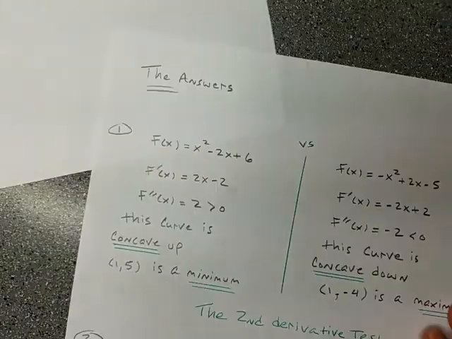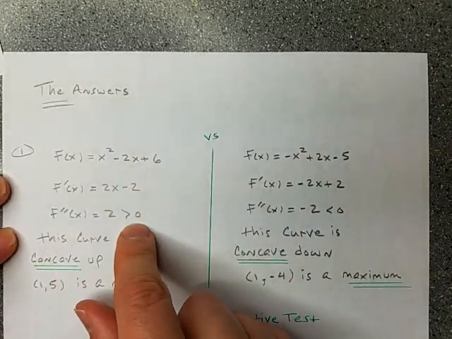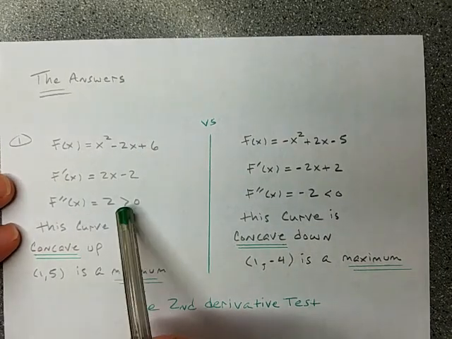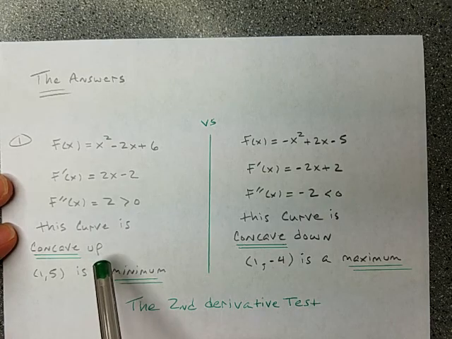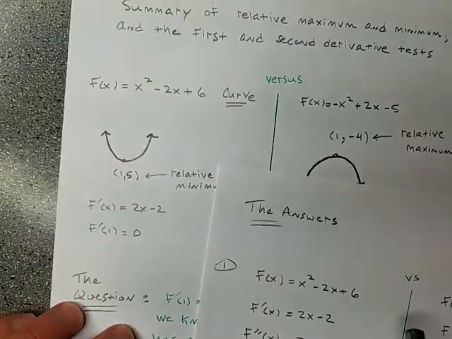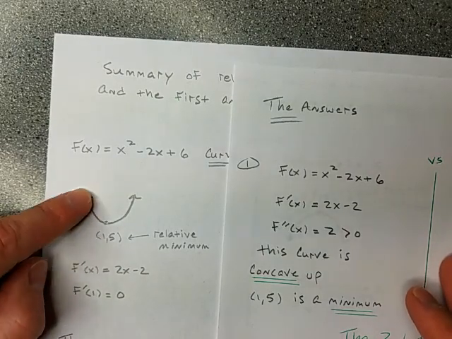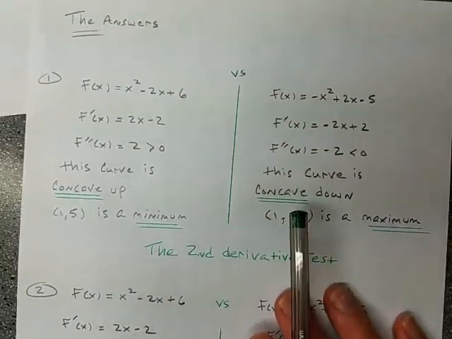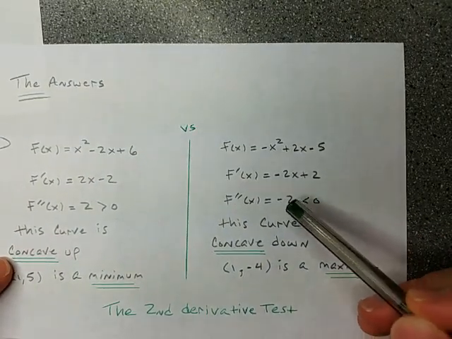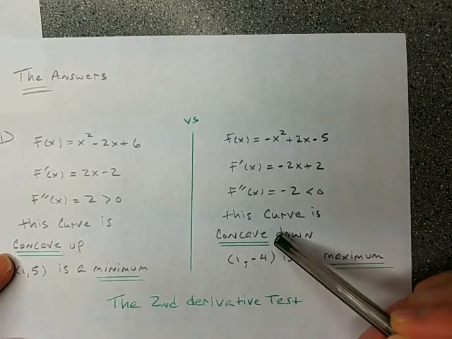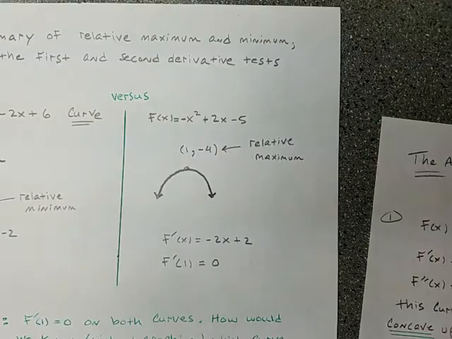So think of it like this. On this curve, the second derivative is 2. 2 is positive. If the second derivative is positive, that would mean that the curve is concave up. If it's concave up, then it has this shape right here, and the point that we're looking at must be at the bottom, because that's what concave up would have to look like. But on this other one, if I find the second derivative, it's negative 2. Well, that would mean it's concave down. And just think about what that shape looks like. It looks like this.